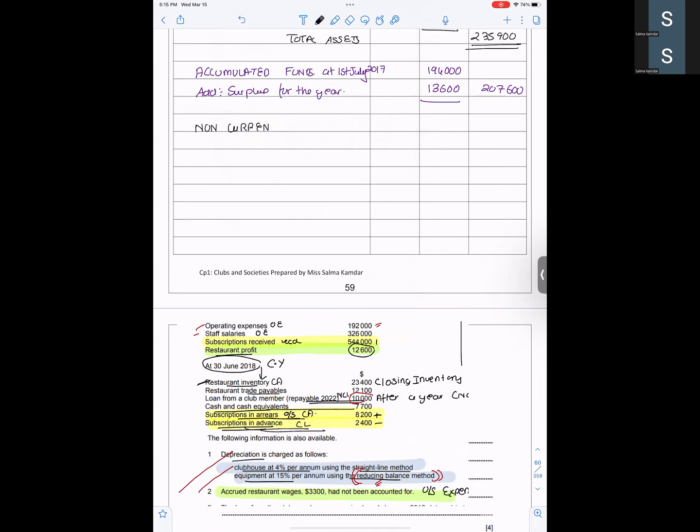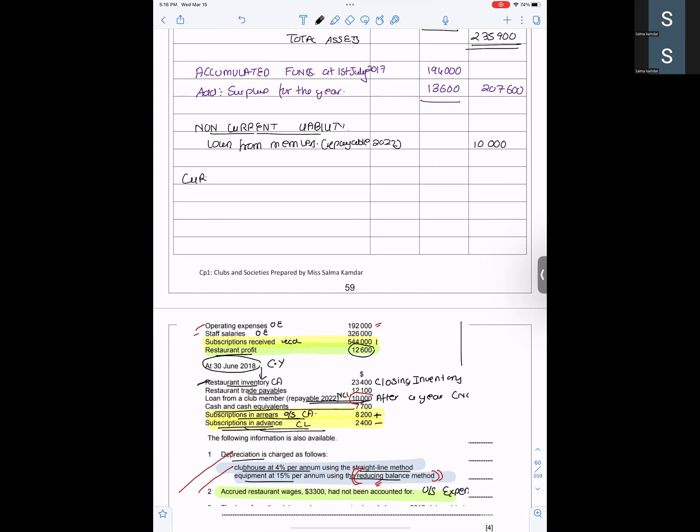So non-current liability, it is your loan from members that you have taken, repayable 2022, and it becomes 10,000.